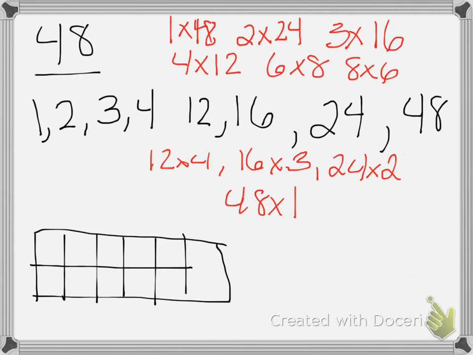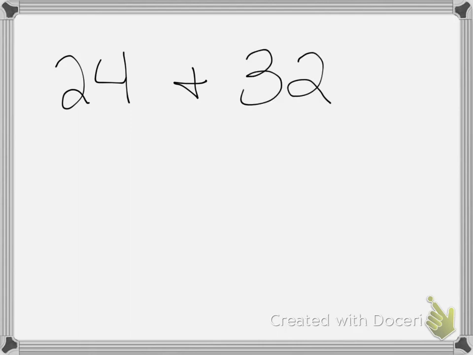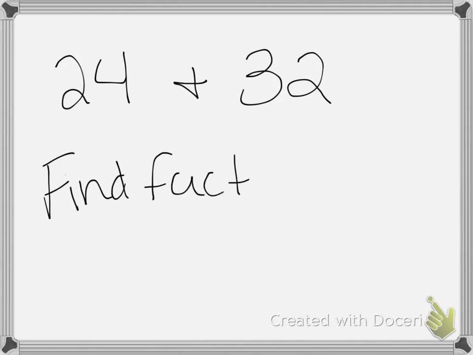So remember, you are to find the factor pairs of 24 and 32. Find factor pairs.